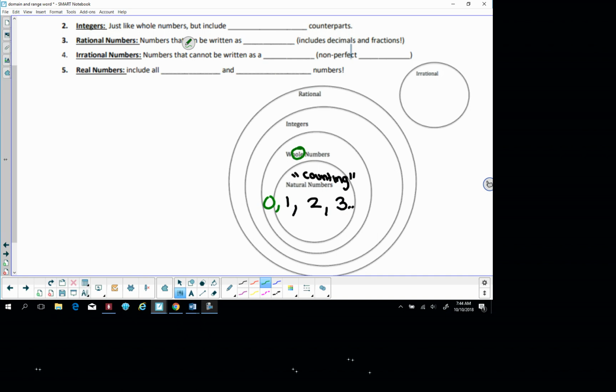Integers include positive numbers, like 4, 5, 6. But it also includes negative numbers, like -1, -2, -3. So integers are positive and negative. Rational numbers include all these.